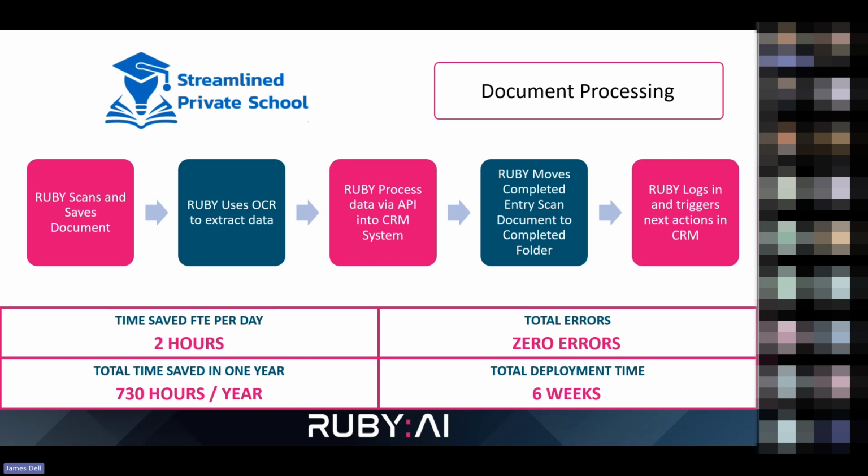So where it's taking data, scanning it in, doing the OCR, where it's doing the advanced AI scanning, all those pieces can happen really quickly. What tends to slow Ruby down will be interactions with systems. But if it takes a human 2 hours, it will always be less than the amount of time it takes a human to interact with a system that Ruby will take to complete that workload. So that's a good way to look at it.